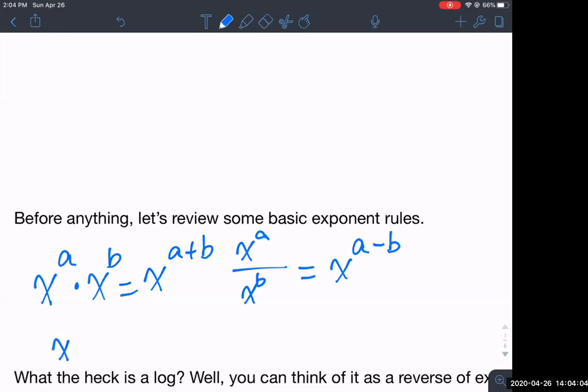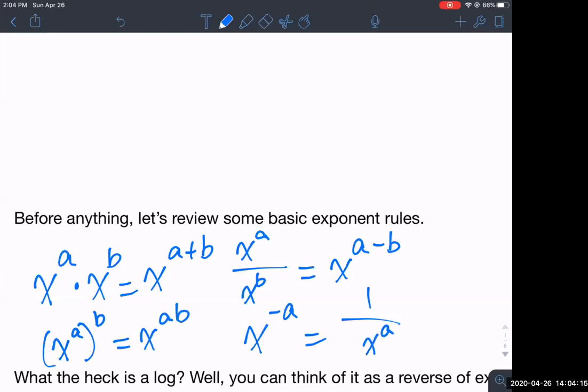And if you have x to the a to the power of b, you have x to the ab. x to the negative a is 1 over x to the a. These are just some basic exponent rules you should definitely familiarize yourself with before we get into logarithms, and they translate directly into some very important logarithmic identities.